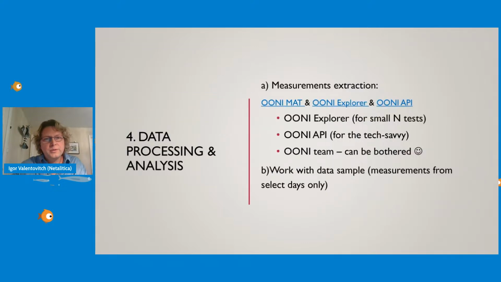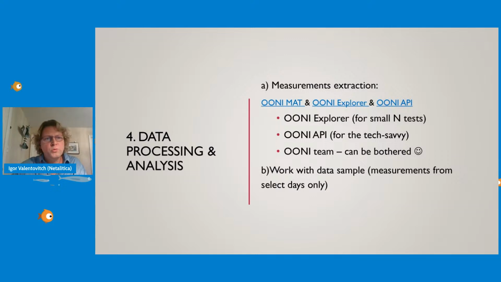And for the data processing and analysis, as I mentioned, we collected a massive amount of data, so there was no easy way at the time to extract it from the OONI databases. We were left with a couple of options. One is using the OONI Explorer, which is very handy when you're working with a small n of tests, but if you have more than 500 measurements or something like that, I would rather go for another approach.